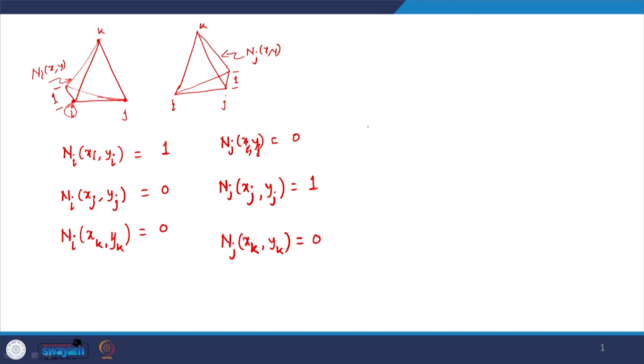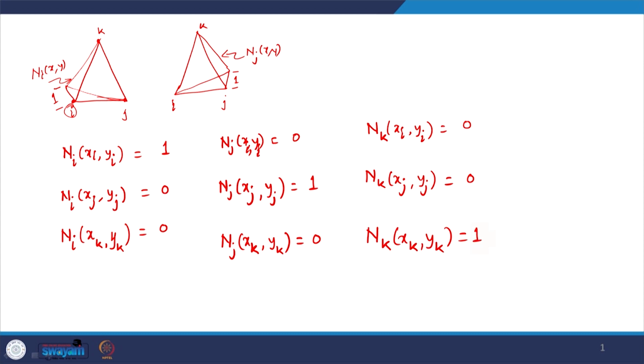And similarly for n k, the interpolation function for node k, it should vanish at x I and y I, it should vanish at x j and y j, and it should evaluate to unity at x k y k.